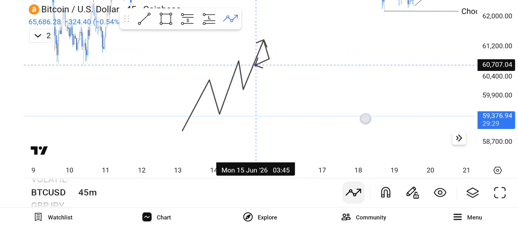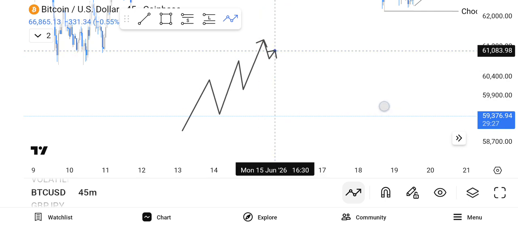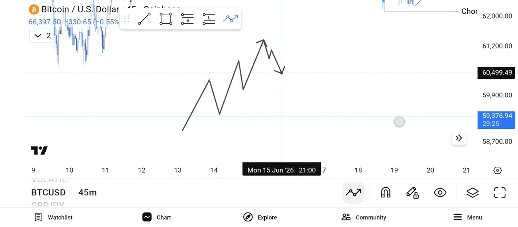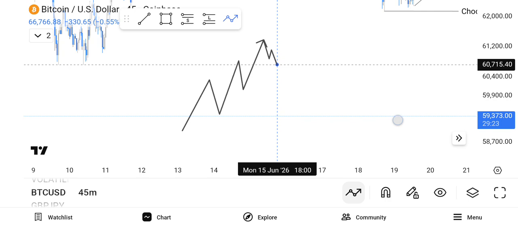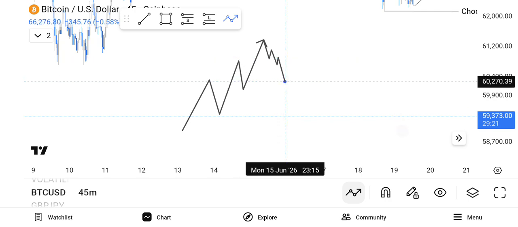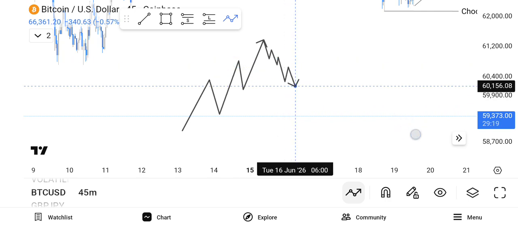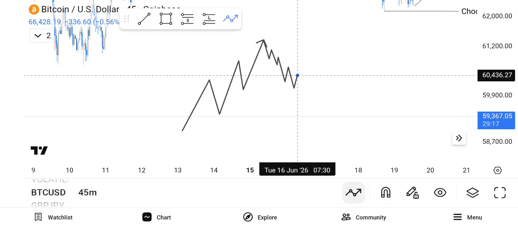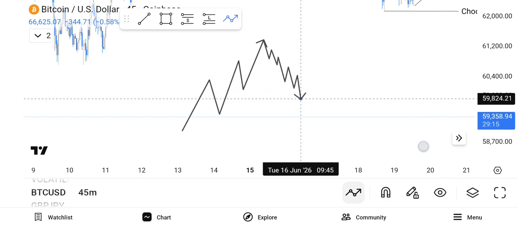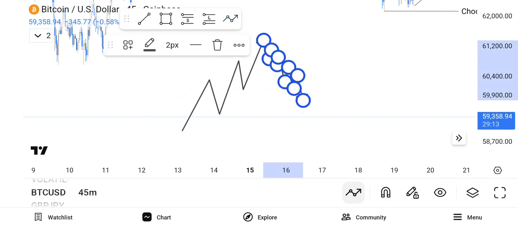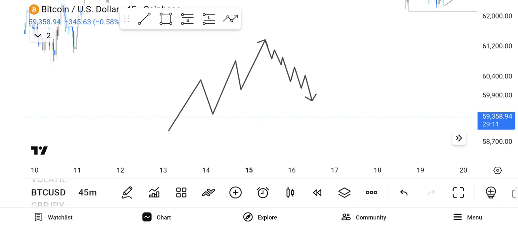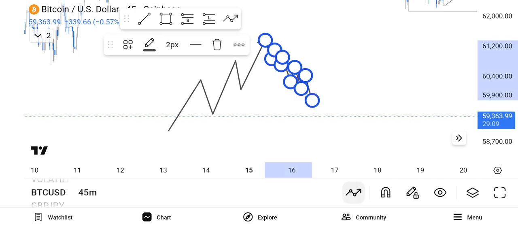There is a structure shift, a retracement, a break of structure, break of structure, break of structure, break of structure, a change of character. Yes, this is exactly how market moves.